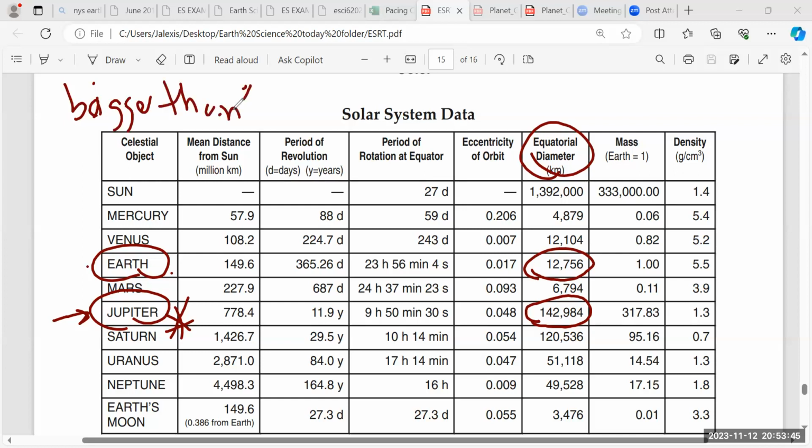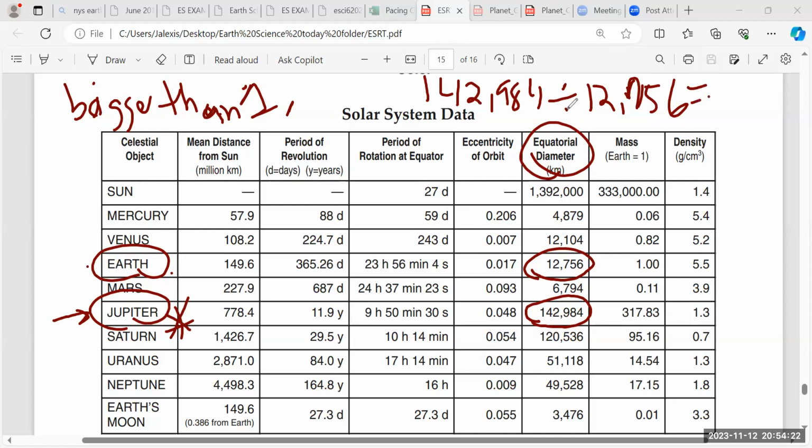If you divide these numbers the wrong way, you get a decimal, which lets you know that you've divided it the wrong way. So on my calculator, I'm going to divide 142,984 divided by 12,756, because I want to know how many times larger Jupiter's diameter is than Earth's.